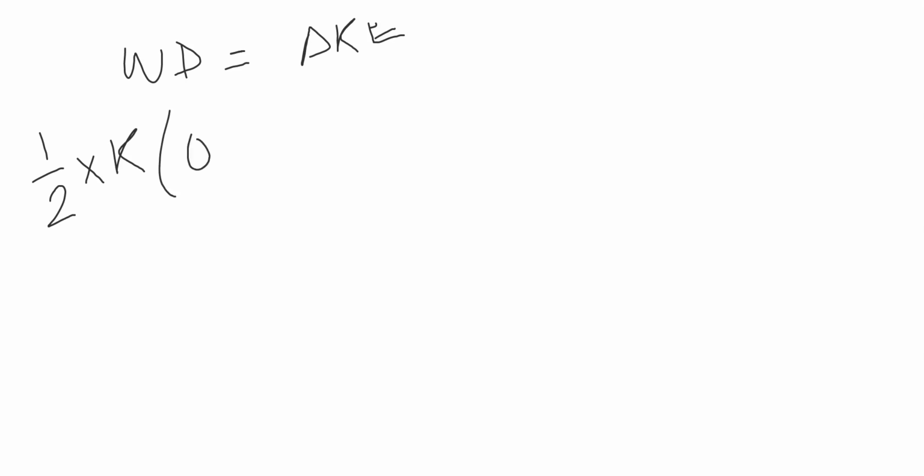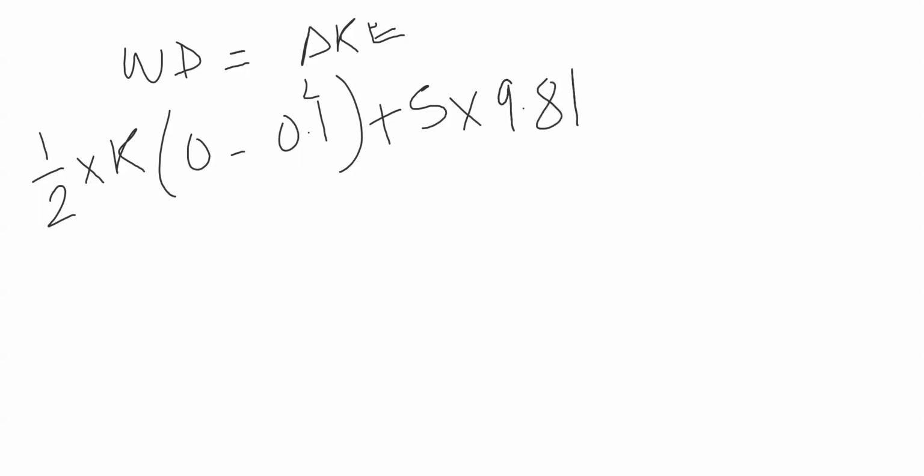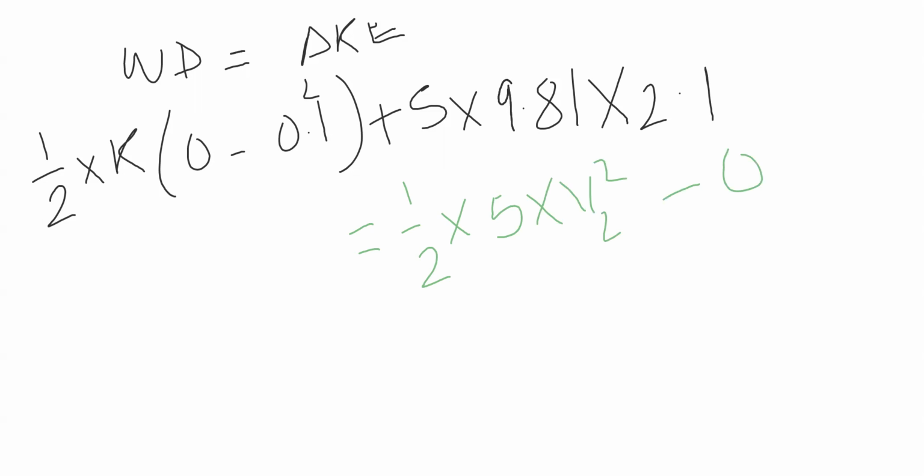Initially it was 0, so 0 minus 0.1 squared, plus, now that object has a mass of 5 kg, convert that into weight, multiplied by the distance that it has traveled, that is 2.1, and then equate it to the change in kinetic energy of the body, that is final minus initial. Final is half of m v squared, that is half times 5 times v2 squared minus 0, and in this equation the only unknown quantity is v2.